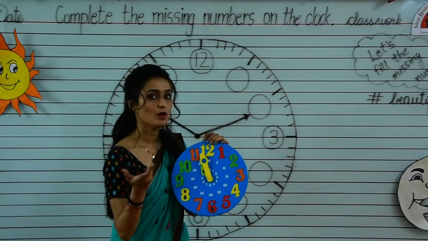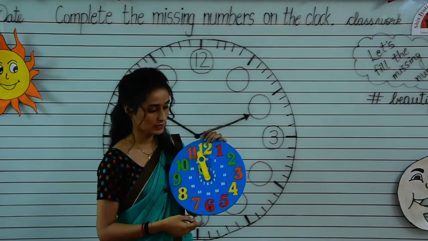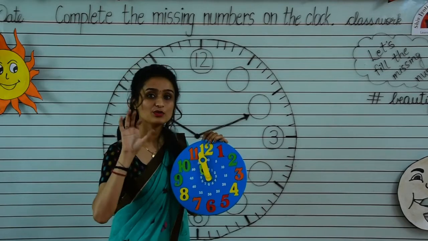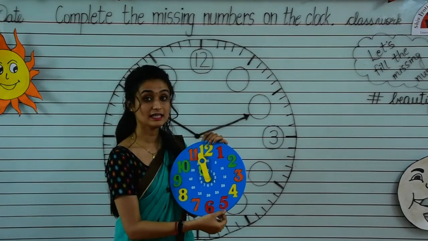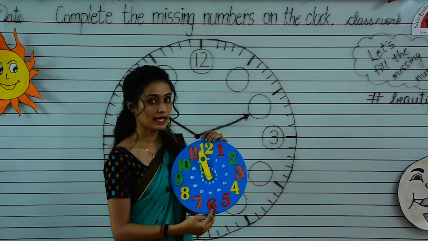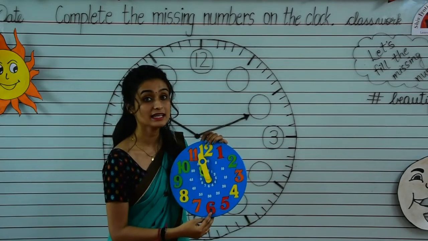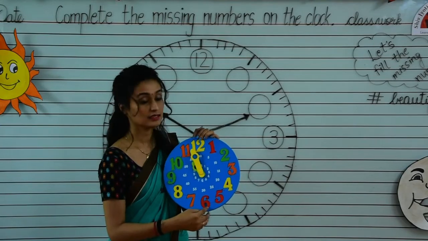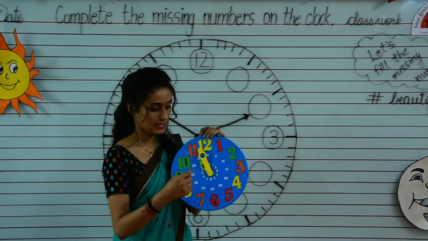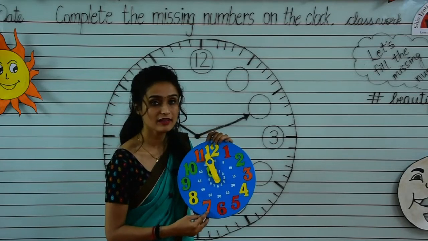Now tell me, what will come after 4? Yes, this is 5. Now, what is the next number? This is 6. After 6, next number is 7.